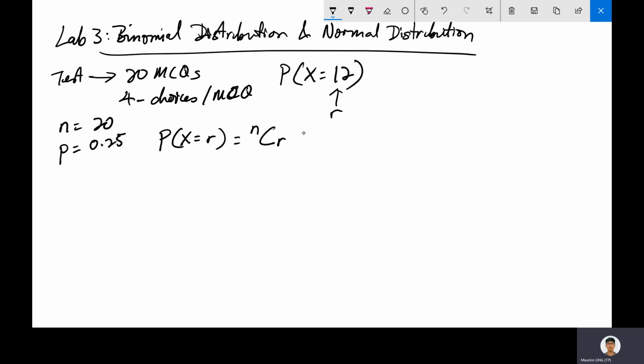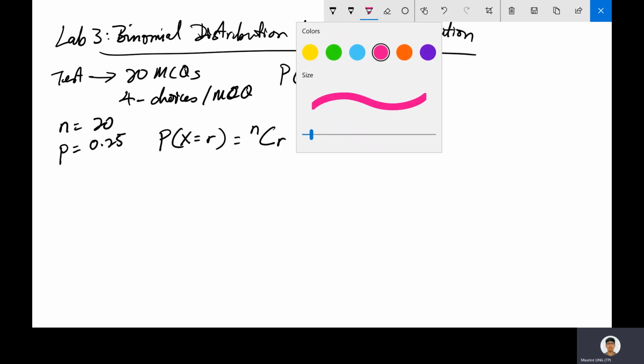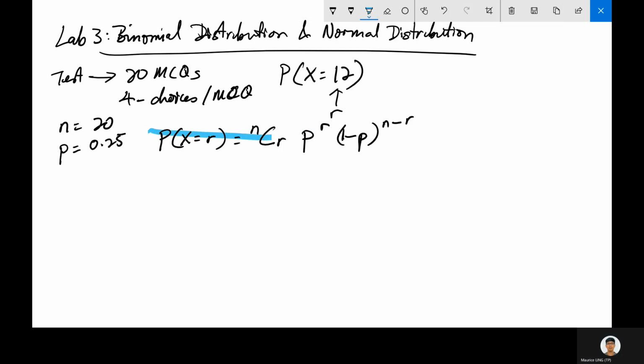Then you multiply by the probability of success to the power of R. Q is essentially the probability of failure, which is 1 minus P, to the power of n minus R. So this is the general equation for binomial distribution.